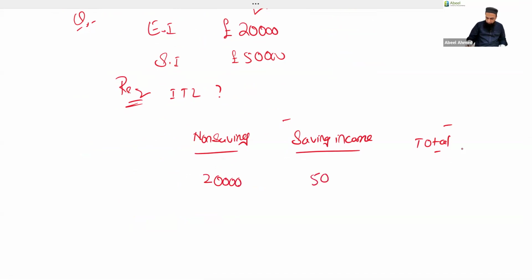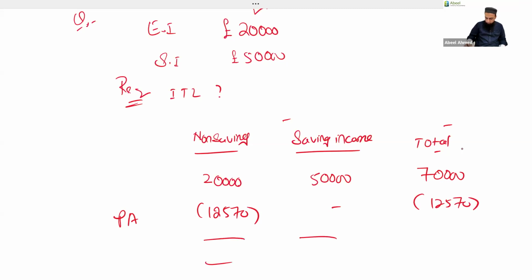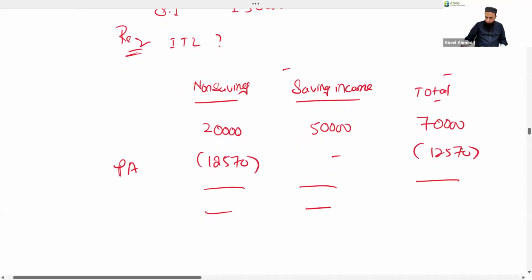Saving is 50. Total is 70. Personal allowance, obviously I'll deduct from non-saving income 12,570. Here comes your taxable income.